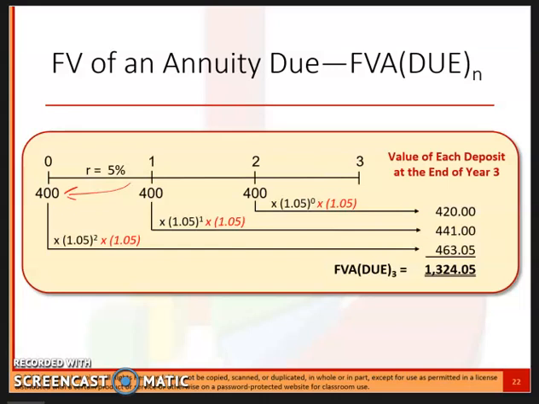So that would be $1,324.05. If you recall, with the payments at the end of the period, I believe there were 12. The value was $1,261. So that one additional period of interest, for each of the $400, results in an additional earnings of just over $60.